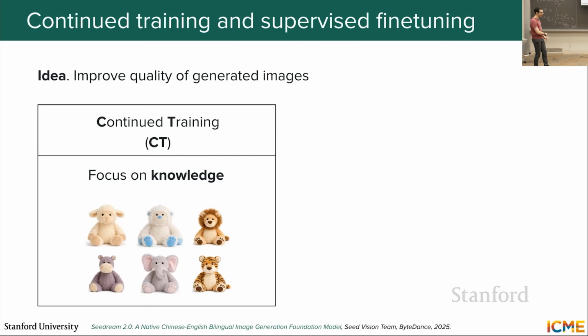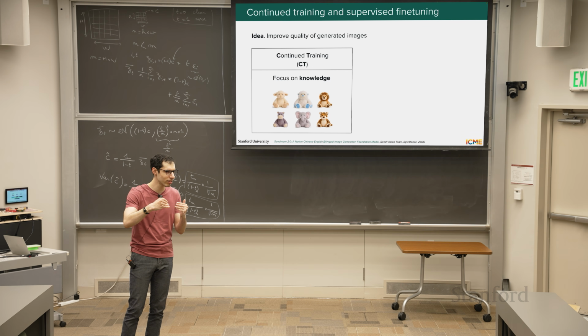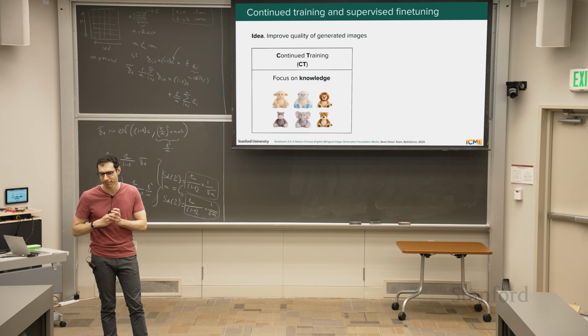Well, you have, of course, several angles, but I will talk about two main names that you will see out there. The first one is called continued training, CT, which is about teaching your model a bunch of other things that you may care about in your task of interest.